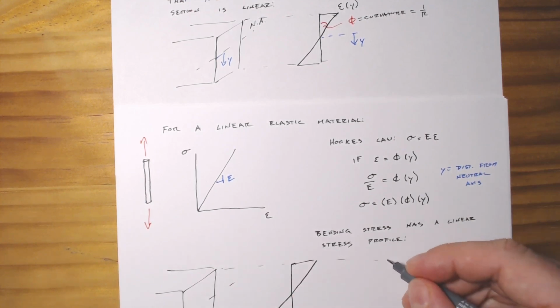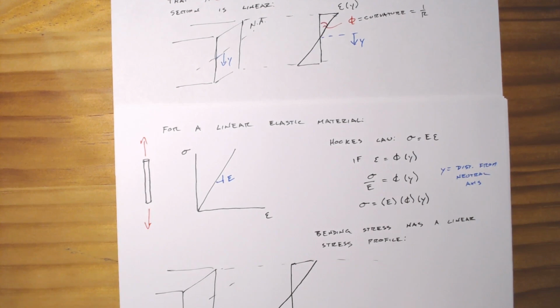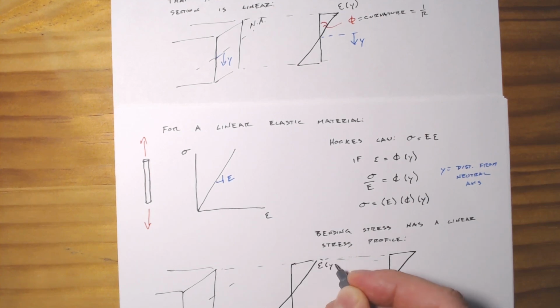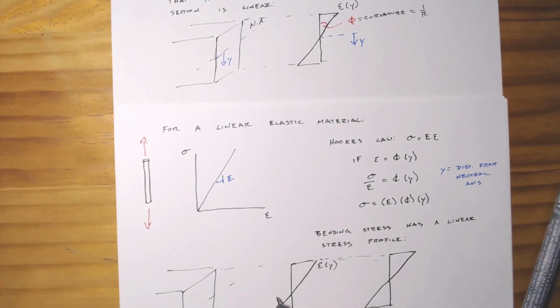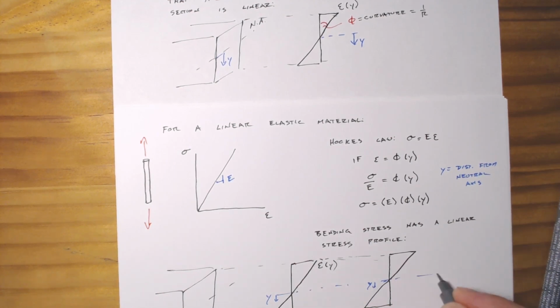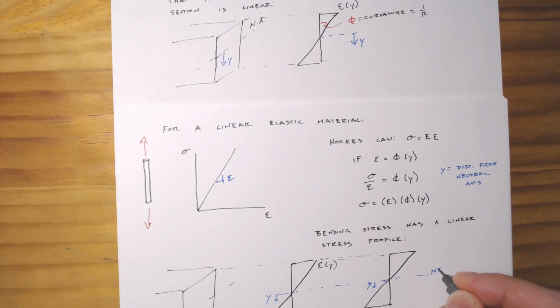well, then our stress profile over the same location will also look like this, where we have our strain with respect to y, and y is at the neutral axis, and this coming across is the neutral axis.